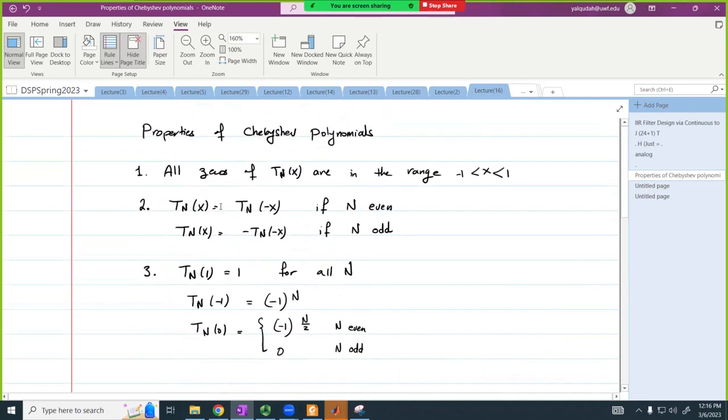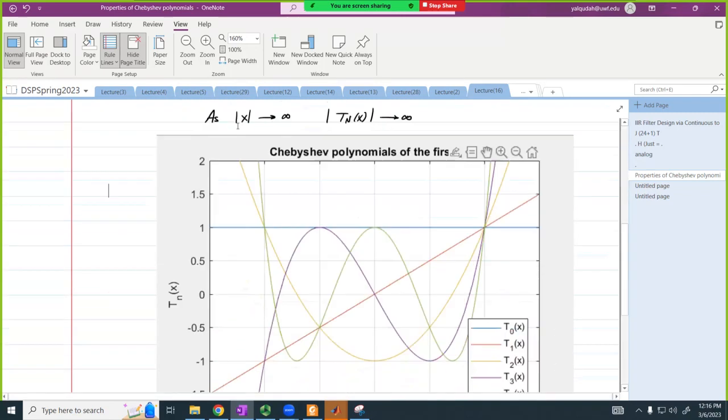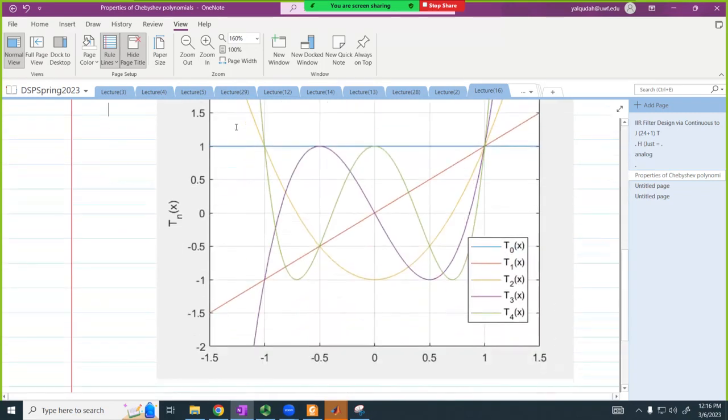We should be able to notice all these. First of all, the zeros of all these polynomials are in the range from -1 to 1. So from -1 to 1, all the crossings with 0 happen in here. After it leaves 1, there is no more crossing of the real axis.